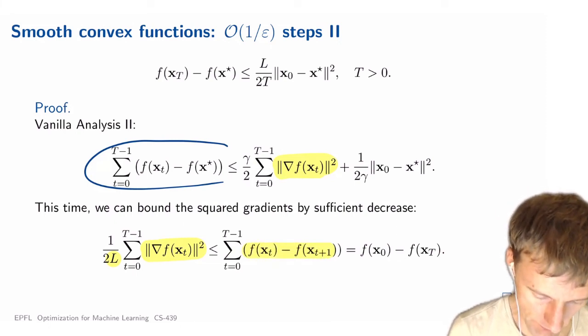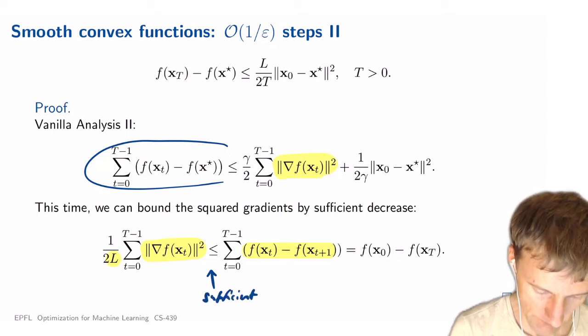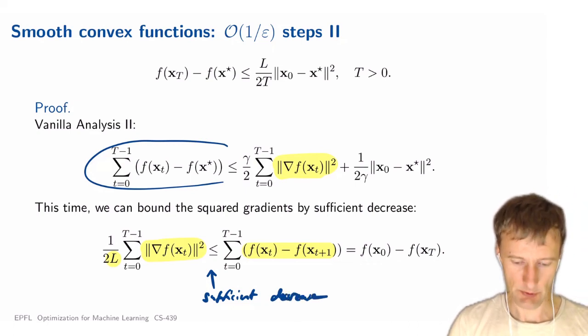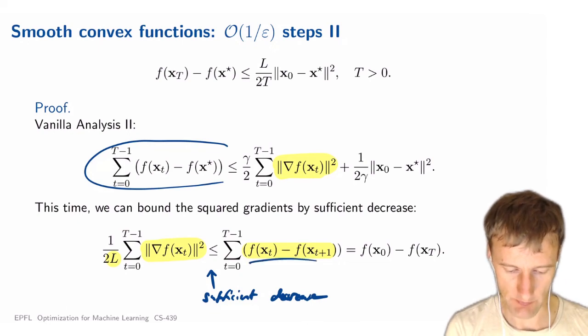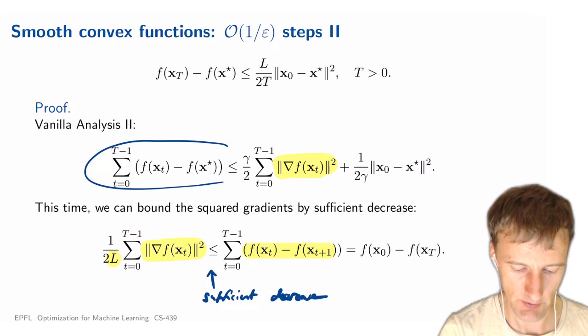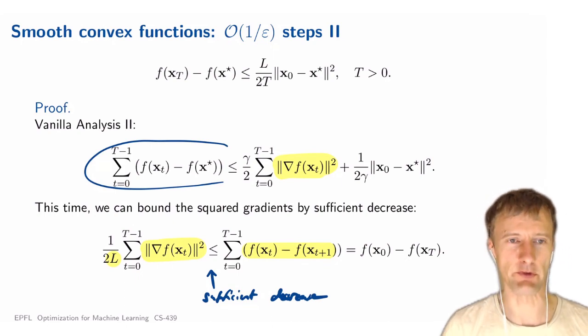So from here to here, this is really the sufficient decrease condition, because that's exactly what we said, right? The progress I make is 1 over L times the gradient norm, at least. So progress is at least as good.